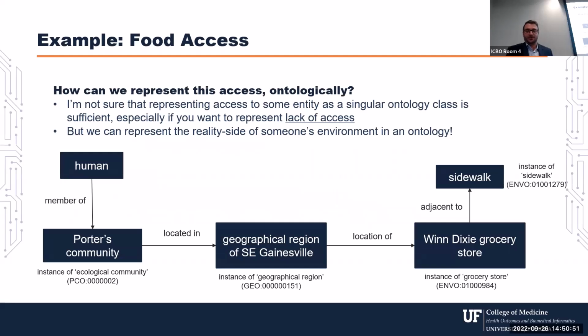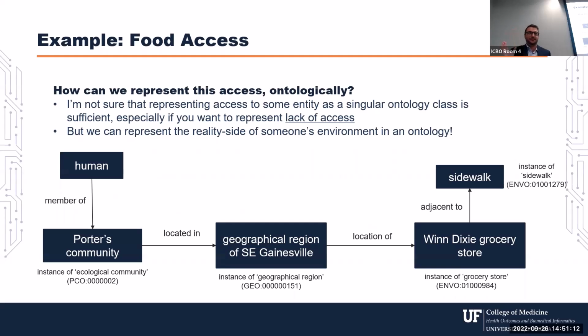So now I'm going to go into one possible approach to representing this stuff ontologically. One of the first things I played around with was whether access to some good could be represented as a single ontology class.